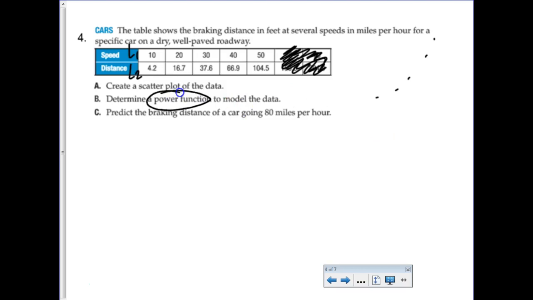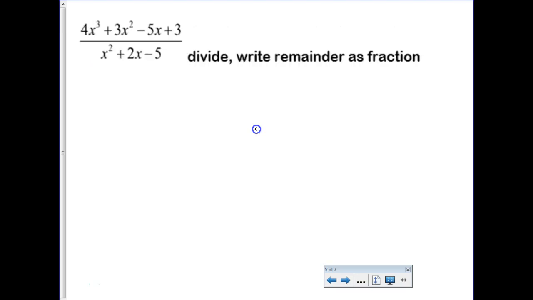So use a power function. When you go to calculate, the one that says PWR, power regression, make sure you're using that one. And that's in the calc menu of the stat menu. And then predict the braking distance when it's going at 80 miles per hour. So once you get your equation, you're going to store your equation and then figure out what happens when x equals 80.